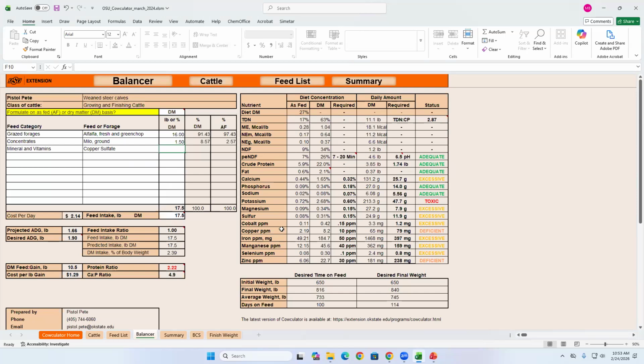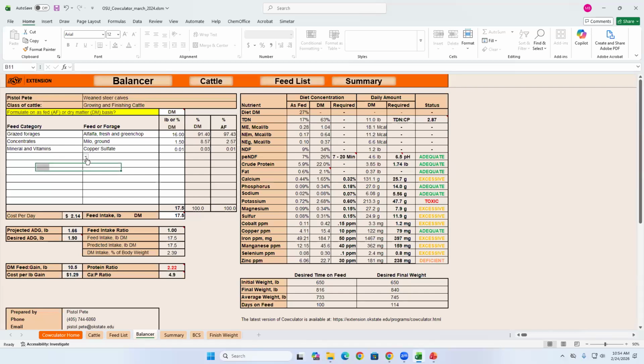Copper sulfate is a micro mineral, so do we think we're going to add a percent or a pound? Do you think we're going to add something very, very small? I always start out with something like 0.005, and this is going to be excessive. Nope, adequate. So now we're a little over on copper, but we're adequate for copper.